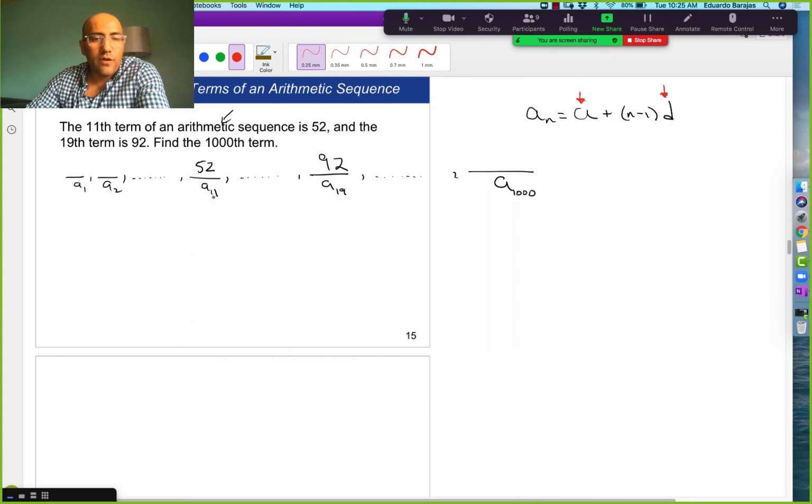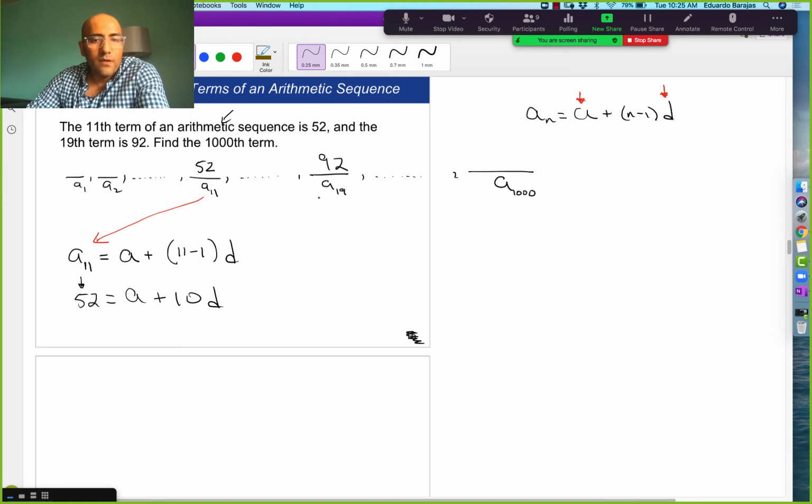Okay, so from this, I can get that when n was equal to 11, a sub 11 is equal to that initial value, which we don't know, plus 11 minus 1, times a common difference d, which we don't know. The output of this whole thing was 52, so we should get that 52, right? The 11th number on my list is 52. 52 is equal to A plus 10D.